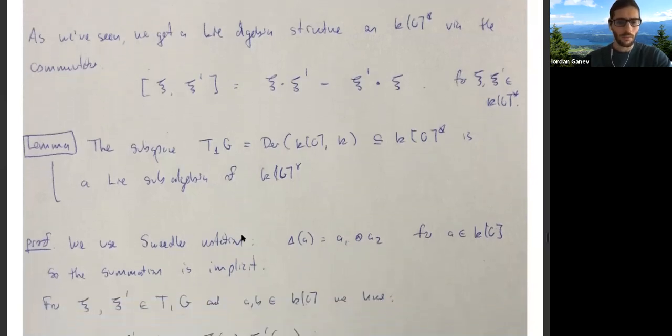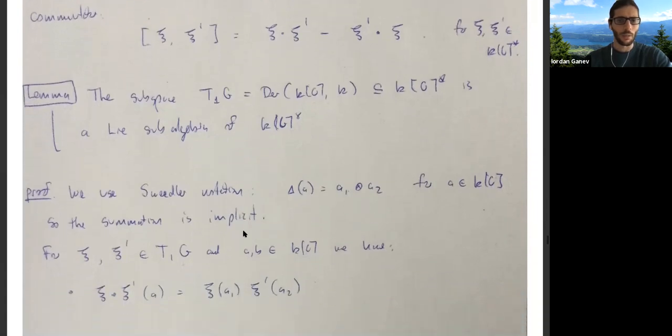Okay, so let me give, I guess, more of a sketch of a proof. Maybe some of you are familiar with Sweedler notation. When working with coalgebras or Hopf algebras, it gets kind of messy writing out all the summations when we do the coproduct and all the indices and so forth. A shortcut is just to write the coproduct of a as a1 tensor a2.